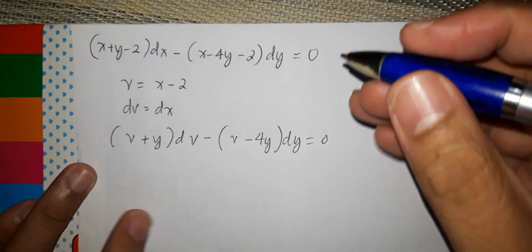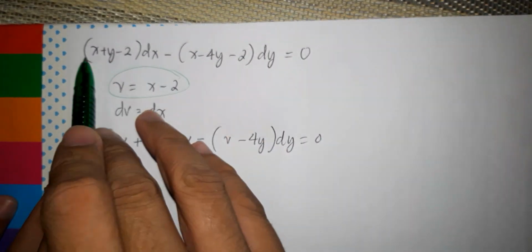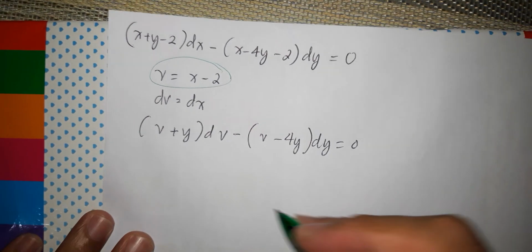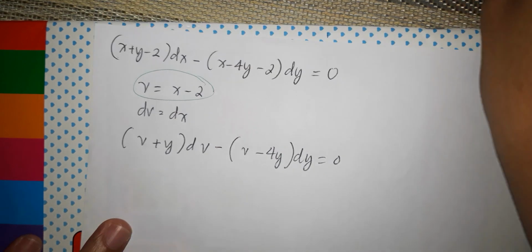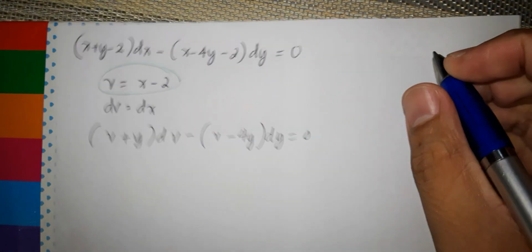So, at that instant, gamit lang yung ating substitution na common dun sa dalawa, na convert na kaagad natin siya into homogeneous coefficient na FODE. So, dahil homogeneous na, yung procedure na ang gagamitin natin.